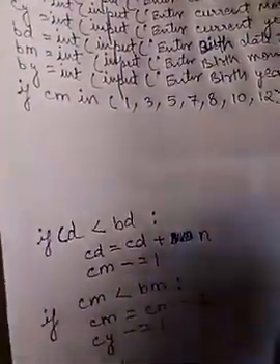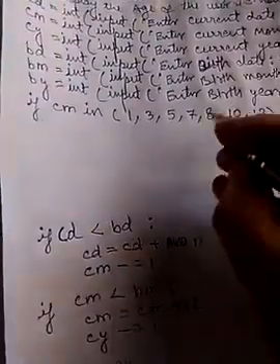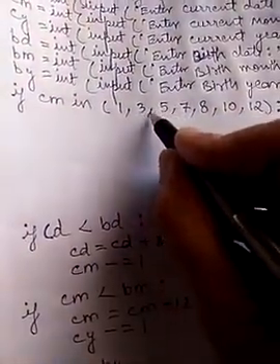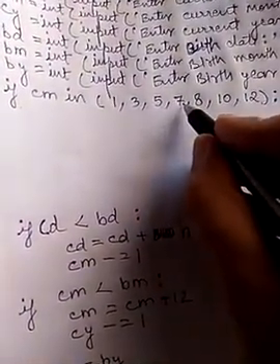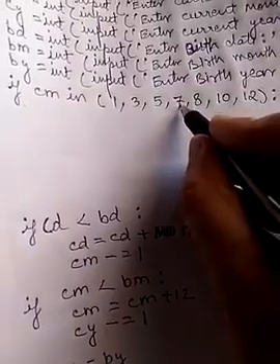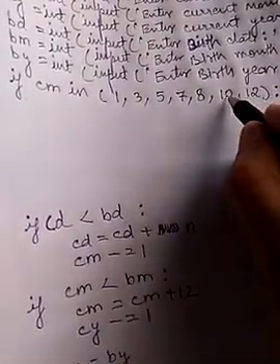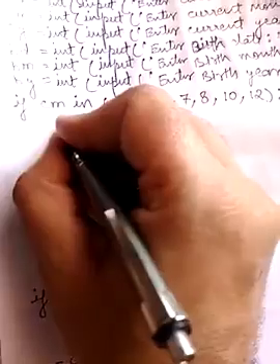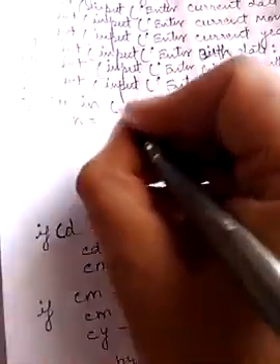Means if the current month is January, March, May, July, August, October, December, then the number of days will be 31.